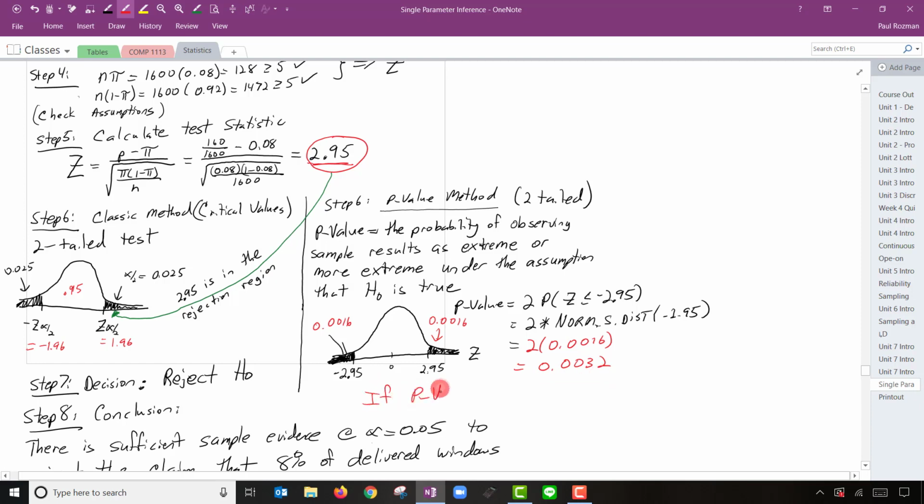If p-value is less than alpha, reject the null hypothesis. Otherwise, if p-value is greater than or equal to alpha, then our conclusion is fail to reject H0.